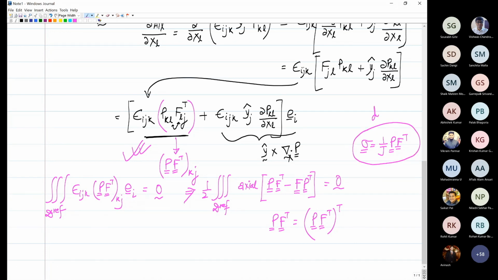We derived it earlier. And see, the Eulerian form said sigma is equal to sigma transpose. So if you look at this relationship, it should indeed give us PF transpose is equal to the transpose of PF transpose. Right? So that's why I said it's intuitive. And notice that the result of this is that P is not symmetric in general. Although sigma was symmetric, P is not symmetric in general.